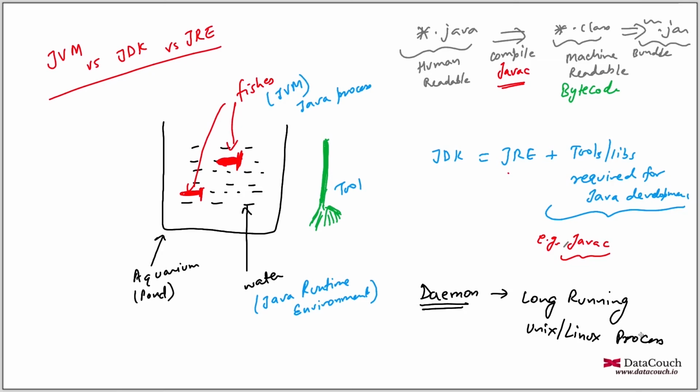I'm taking a naive example related to Windows services. In case you are familiar with Windows services, then you would be able to correlate. But understand this part: this is a process which is always on, running behind the scenes. It is long running. That's why I'm saying it's a daemon.